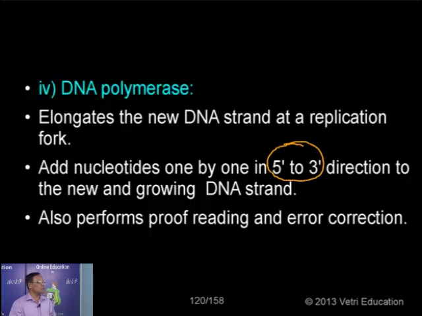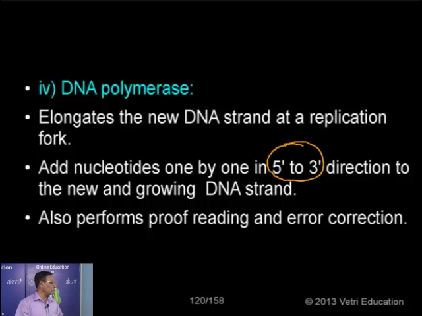In addition to this function of polymerization, it is also responsible for proofreading and error correction. Because of that, the percentage of mutation is the least. The mutation can happen in one in 100 million genes. That is because of the proofreading. So it reads, and if there is any error in base pairing, it is rectified.